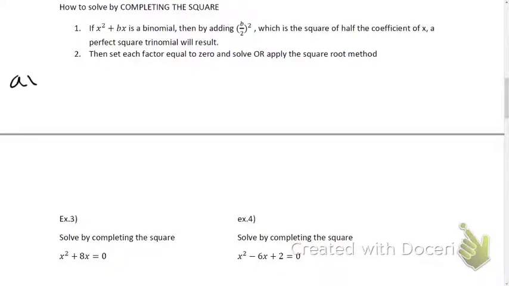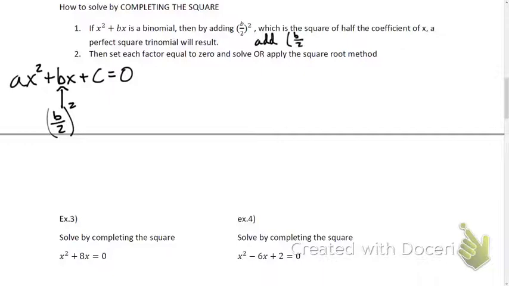So if I have a quadratic situation like this, I need to take this number right here, half it and square it, and we need to add that value to both sides.